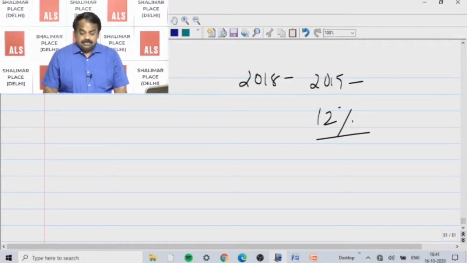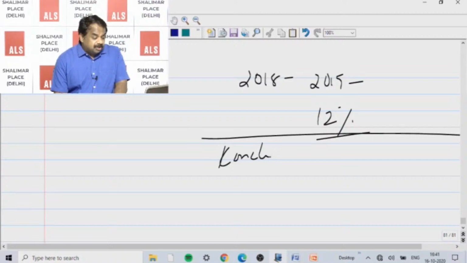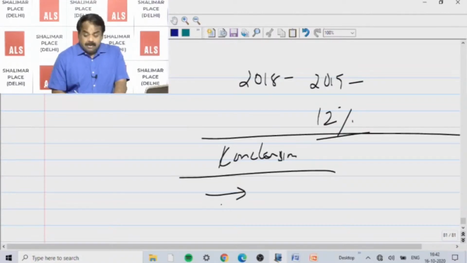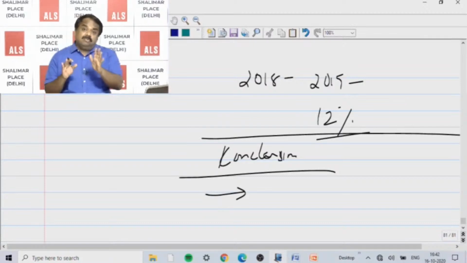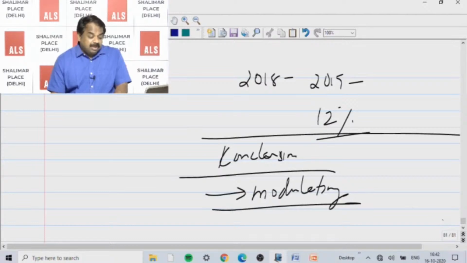Now, after Nepal, so, final conclusion, let me put it this way: things were improving. India is also modulating our stand with Bangladesh. Slowly we are modulating.